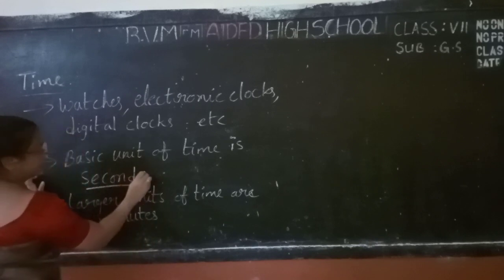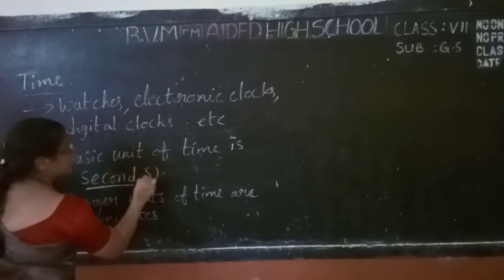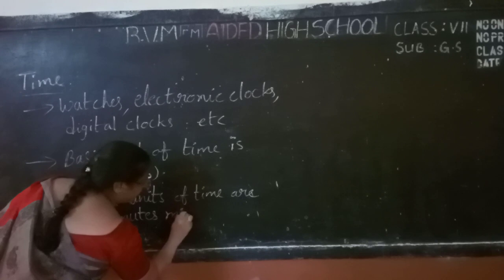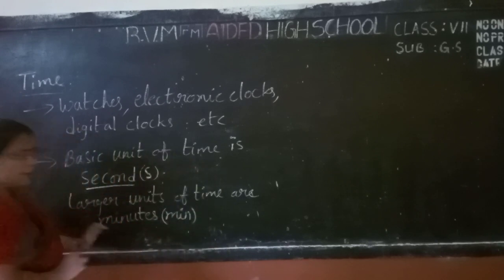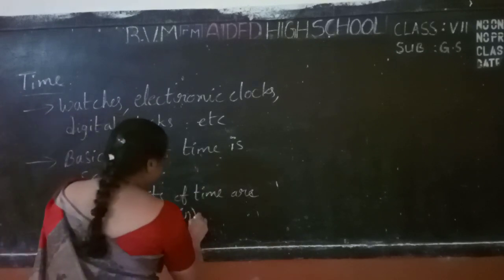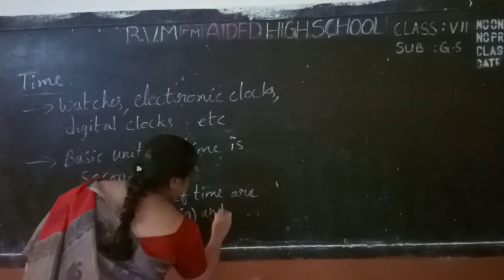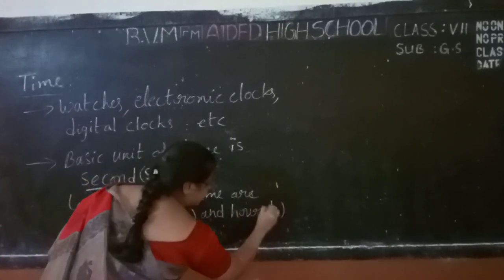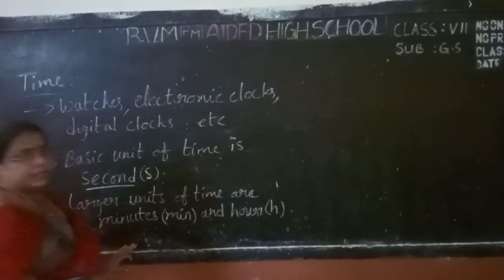Second is denoted as small s. Have you understood? Minutes are denoted as min. And hours are denoted as small h. Have you understood, children?